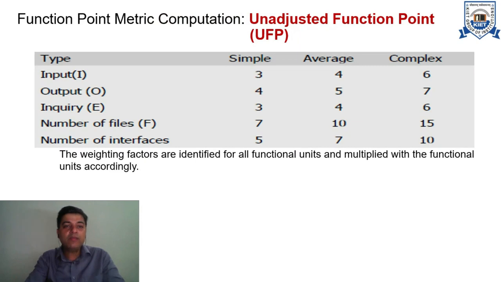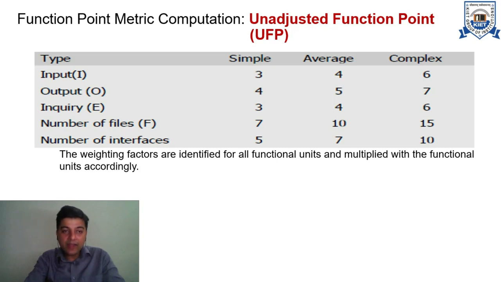The function point matrix computation basically involves the computation of unadjusted function points first. So Albrecht gave a simple metric to calculate the unadjusted function points.